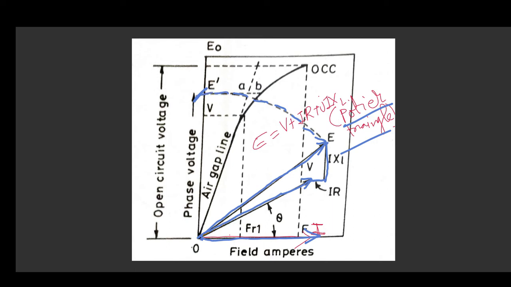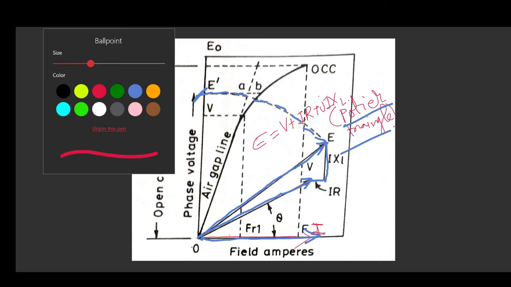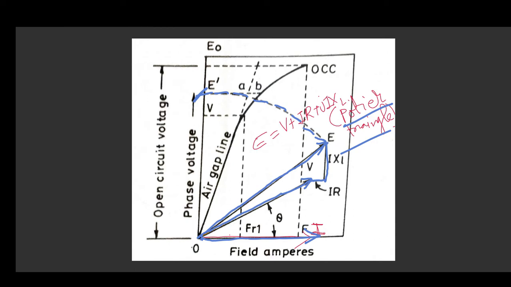So this is the point where it intersects OE dash. Now through that E dash I have drawn a line that is parallel to our horizontal axis. This line, right?